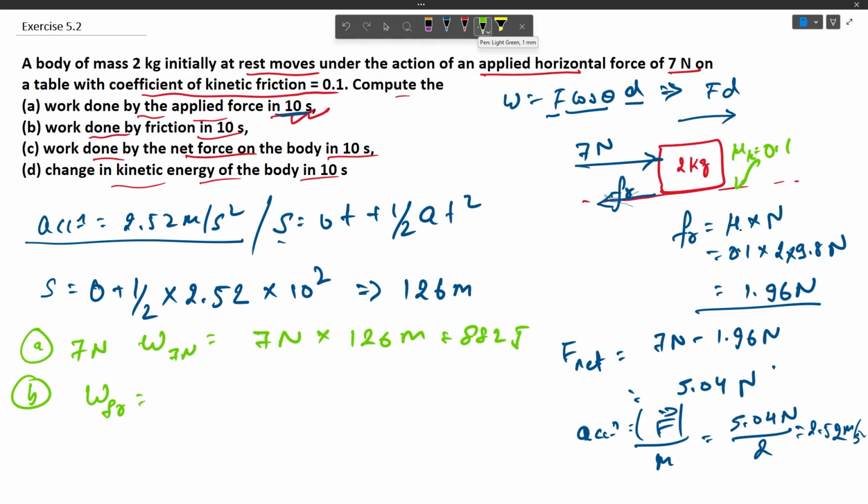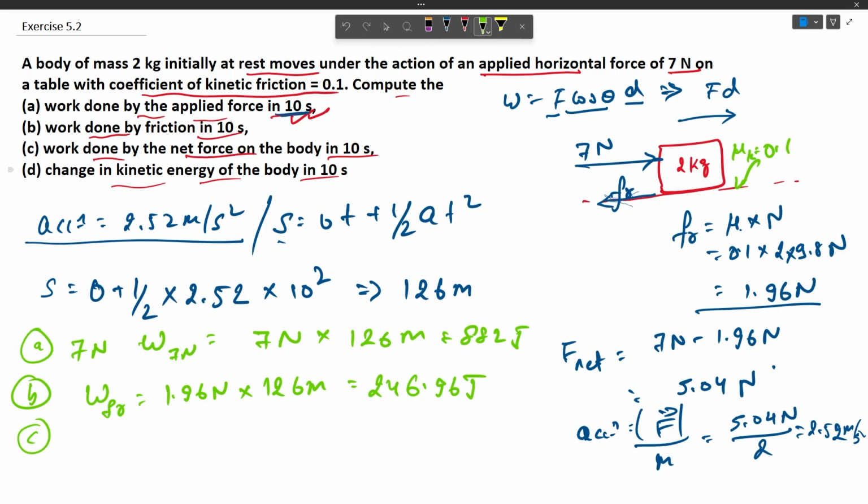And also we can see it intuitively that frictional force is opposing the direction of motion, so it is going to be negative. Now frictional force is 1.96 Newton, and displacement is again 126 meter, and that is going to be equal to minus 246.96 joule.